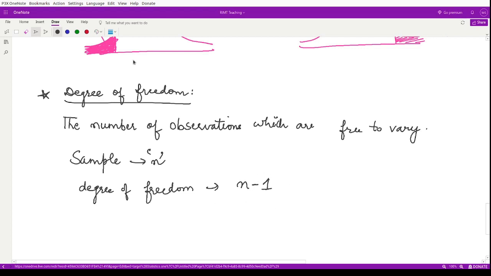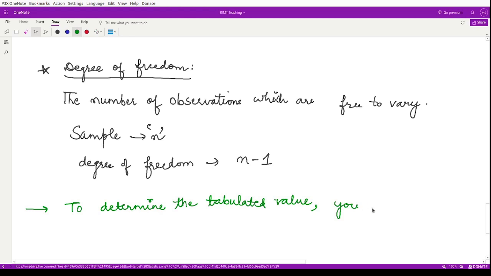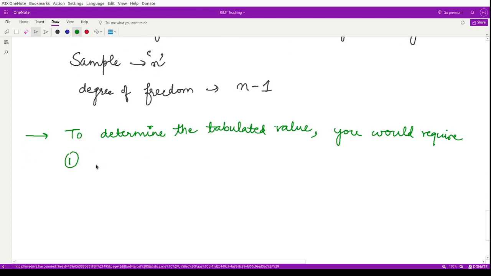Basically, to calculate this line in the critical region, to determine the tabulated value in most of the tests, you would require two things. One is the level of significance.